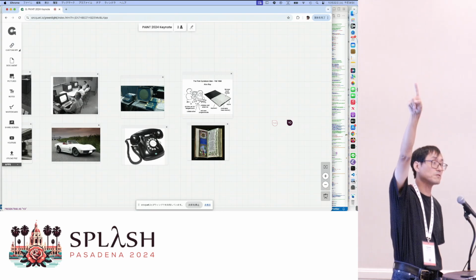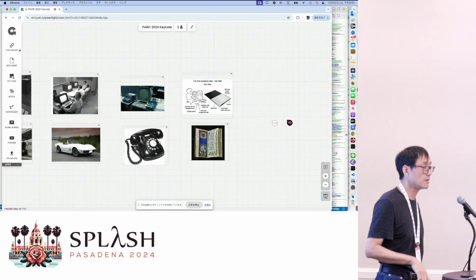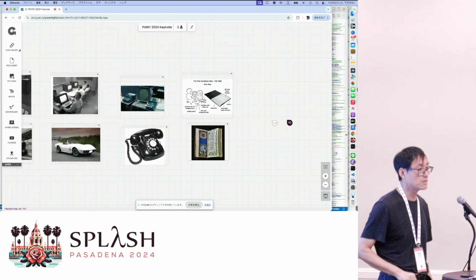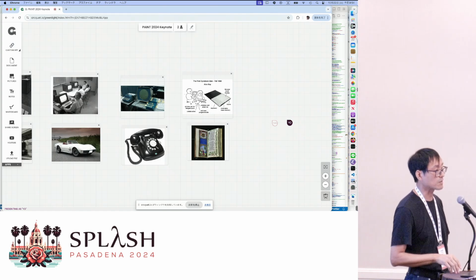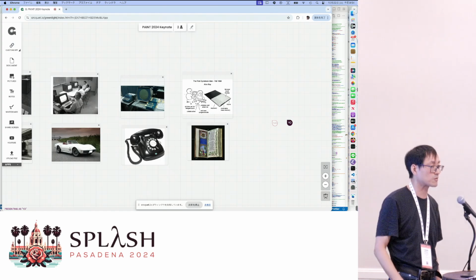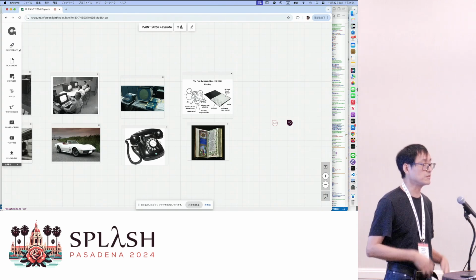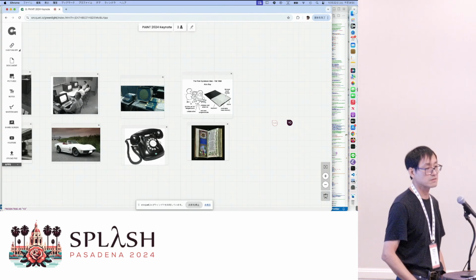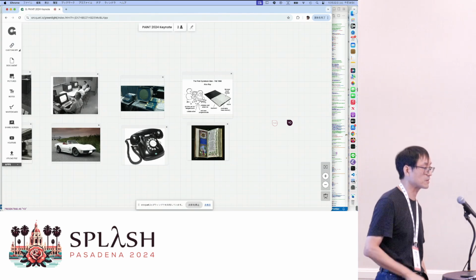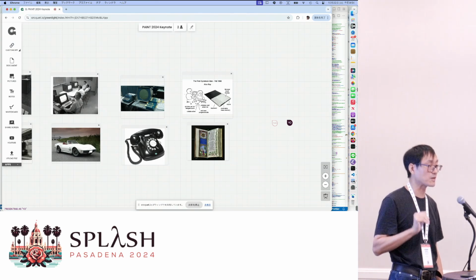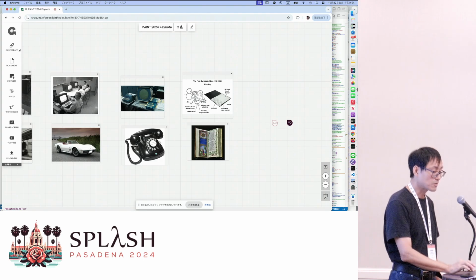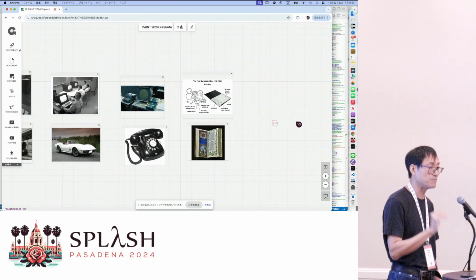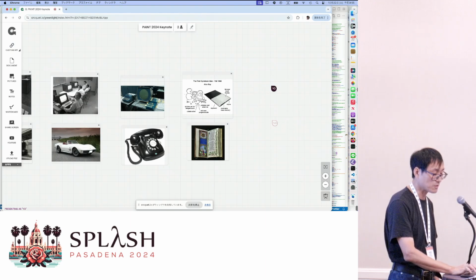Those light fixtures will be computers. Your table will be a computer. You may have a little thing at the corner of your room, and you say something, set a temperature or something, and something happens. So the computers are becoming invisible. That's why I don't have a picture here.